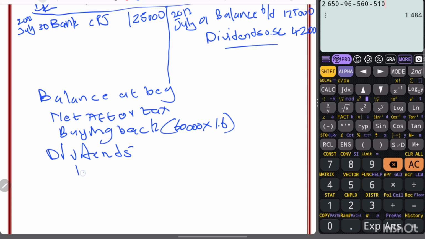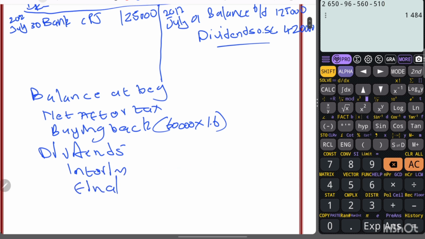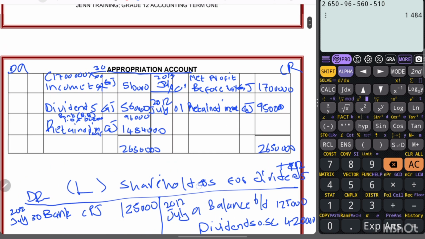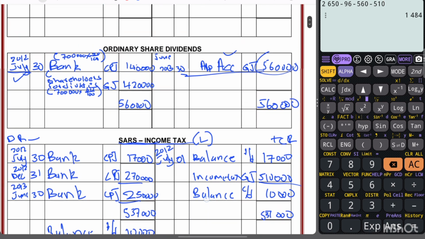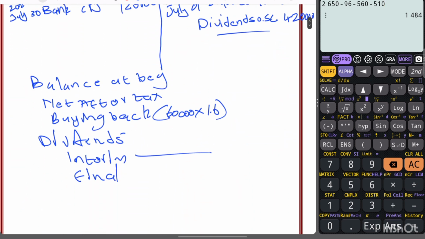Dividends is differentiated into two. The first one is our interim. We do have our interim. The second one is our final. Then our interim, we calculated our interim dividends as how much? As 140,000. This one is 140,000, and then this one is 420,000.